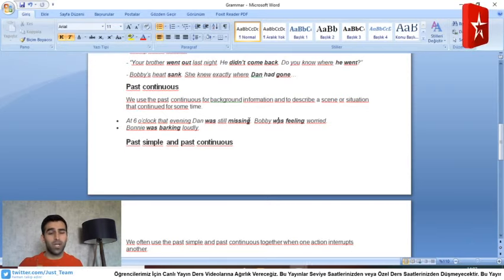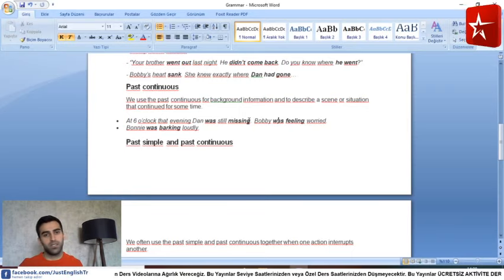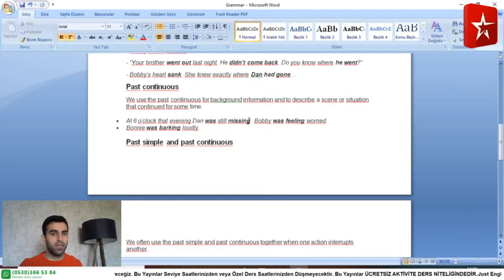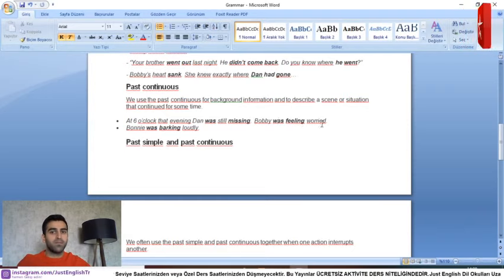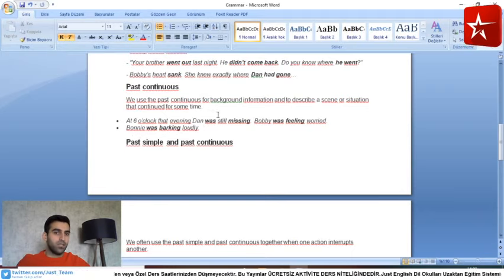Okay, so what I used here is past continuous, starting from some point and continuing till another point. For example, at 6 o'clock that evening, Matt was still missing. Bob was feeling worried. Barney was barking loudly. So, as you see, we have past continuous here, okay?